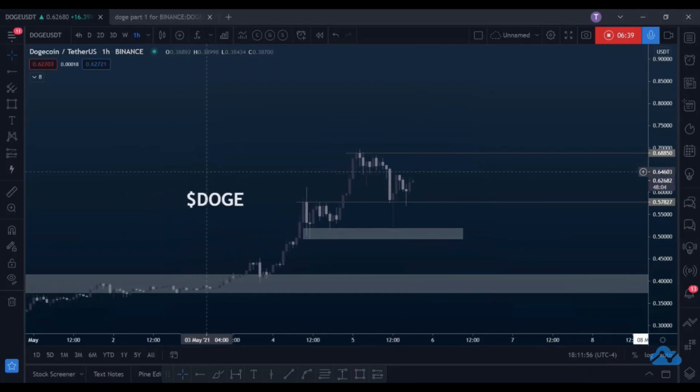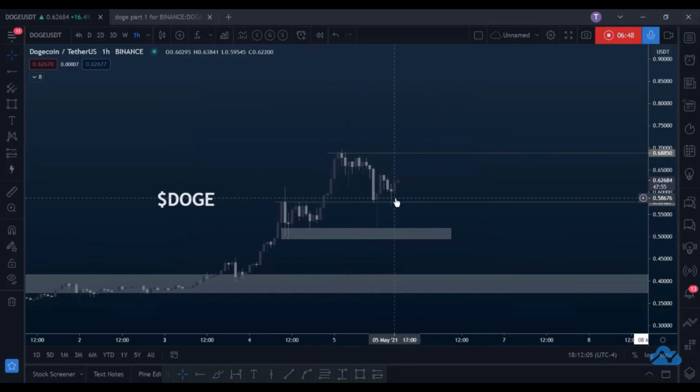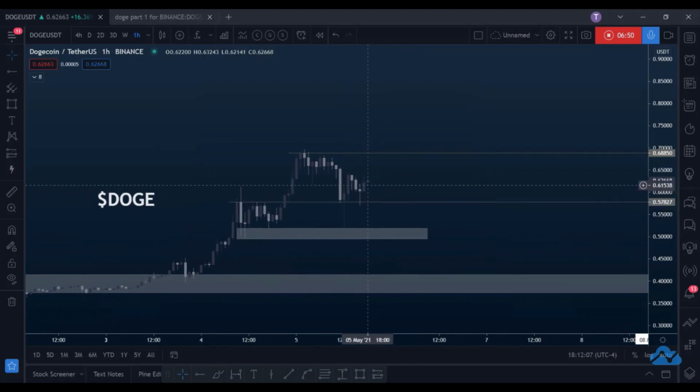Because if I'm a day trader trading this, I look at this wick that just happened 4 or 5 hours ago, down to a little bit below 52 cents, and it went into this area where these other wicks are going into, and that tells me that there is demand there, and there has been demand there.